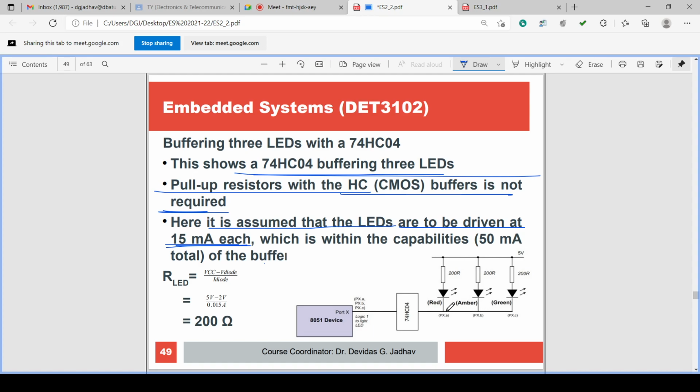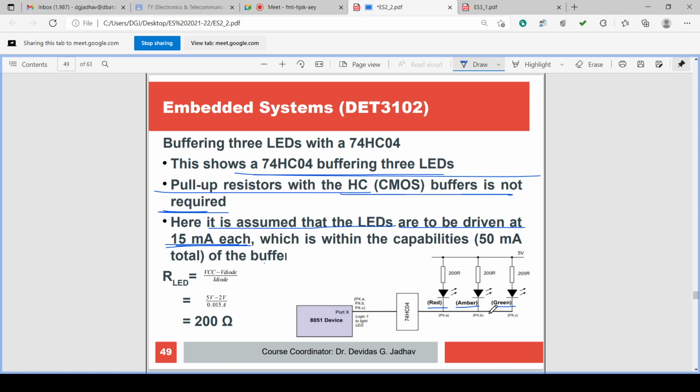So there are 3 LEDs connected: a red LED, an amber LED, which we can call orange, and a green LED. All 3 require 15 milliampere each, so the total current requirement is 45 milliampere.